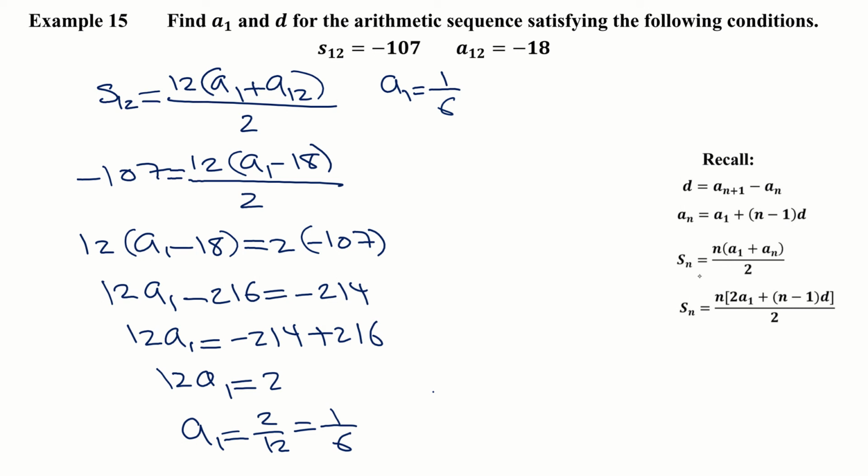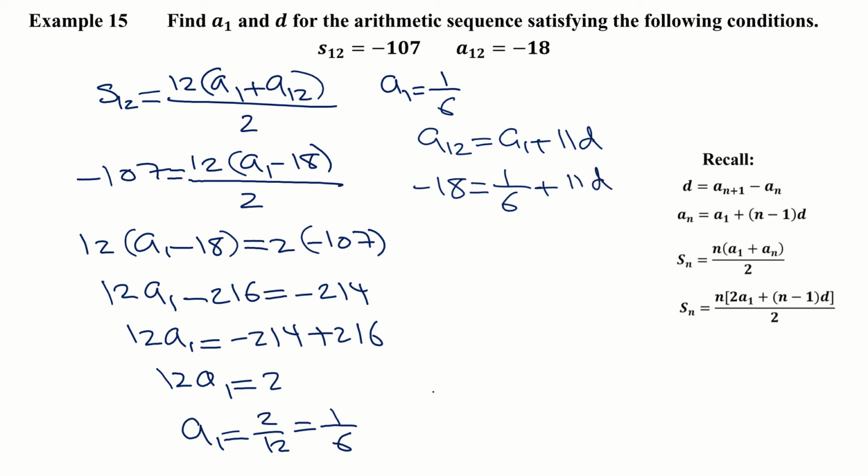So A12 we know is going to be A1 plus 12 minus 1, which is 11, D, right? Now let's plug in what we know. A12 is -18. A1 we found is 1/6, right? And D is the unknown, so we keep the D, so plus 11D.